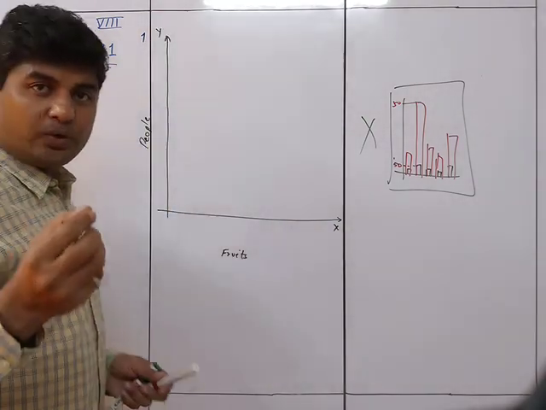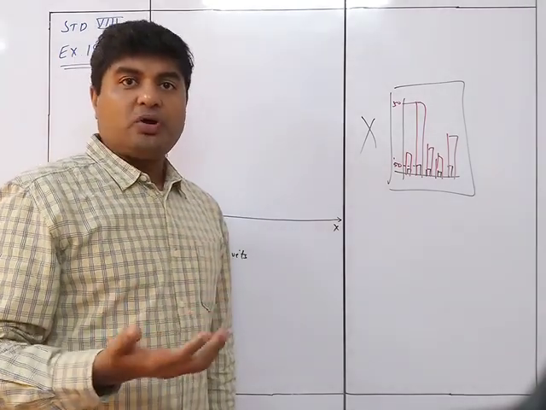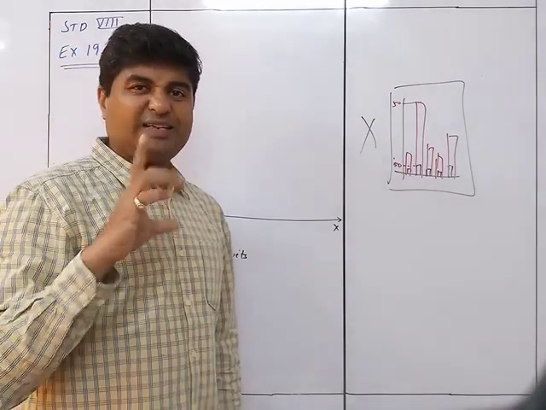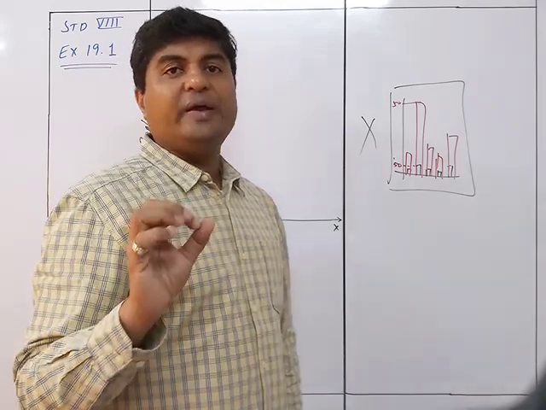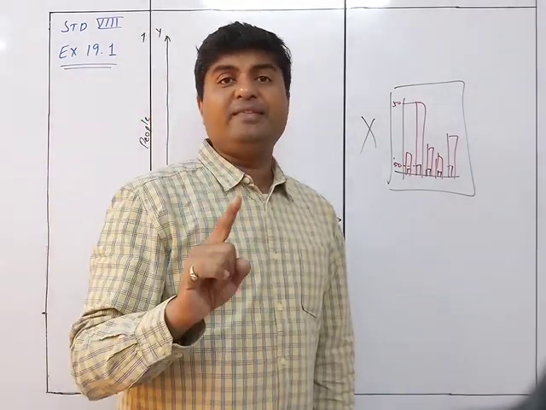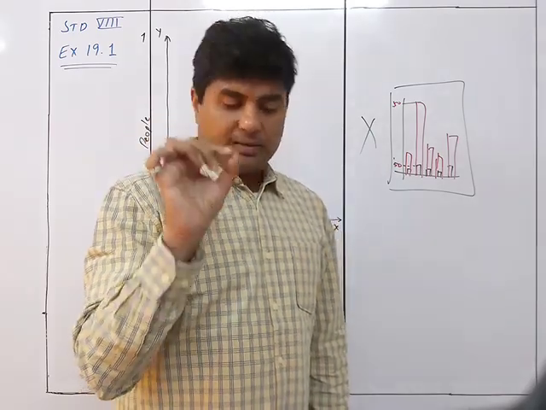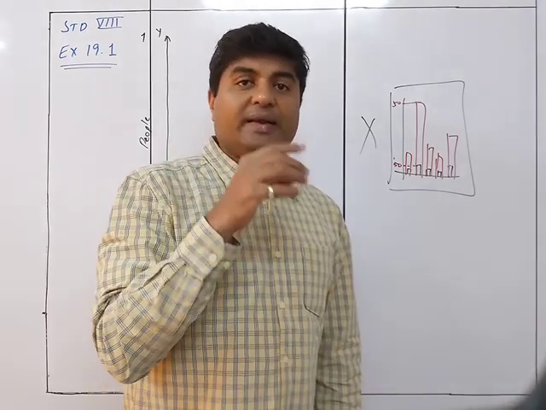You just need to check whether you can reach that much in that page or not. It should not happen that your 50 is going beyond the page and you are not able to draw it. So just see what is the best available. As far as possible, always take the scale in multiples of 5 and 10. It will be easier for you to plot the inner ones, the numbers which are not round, like 27, 23.